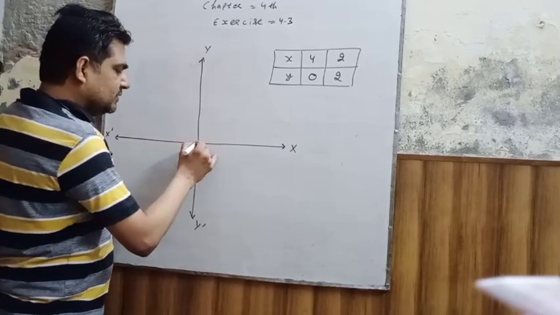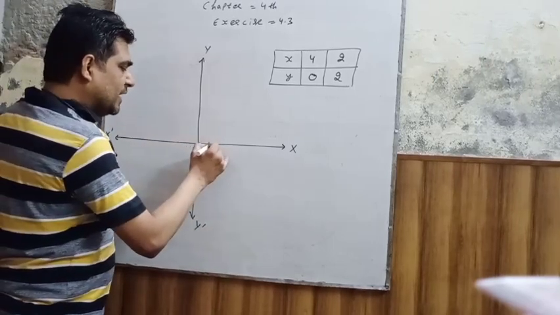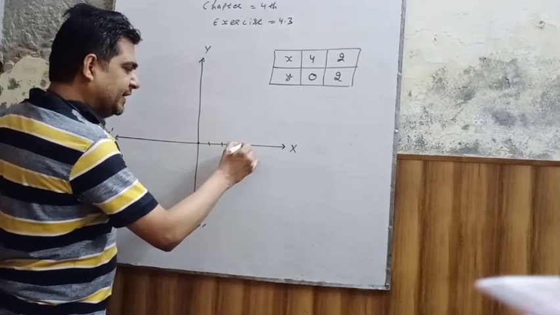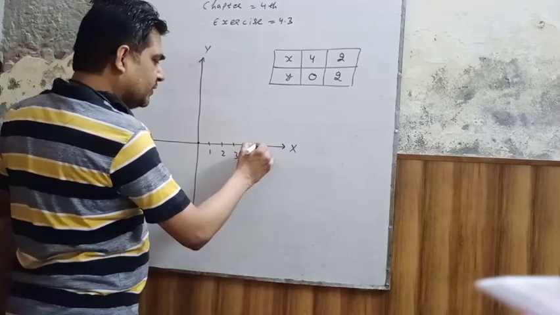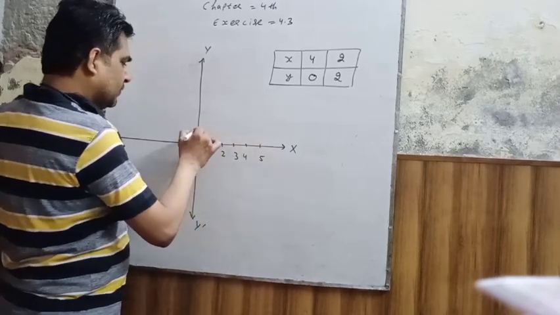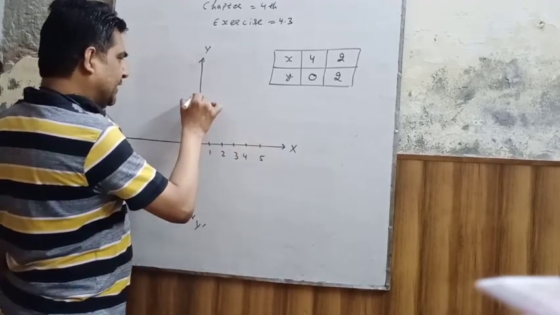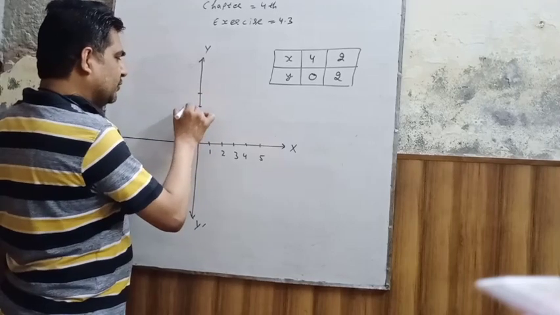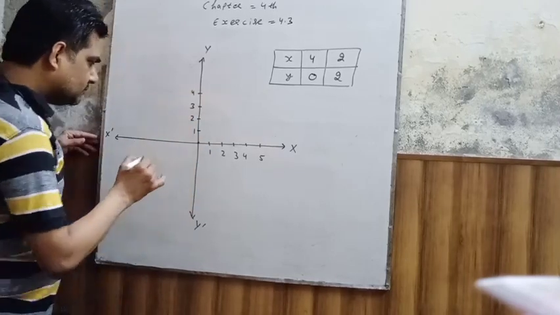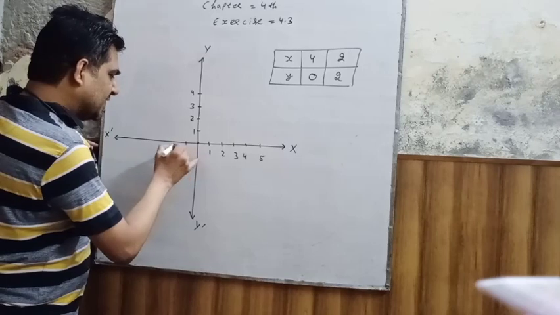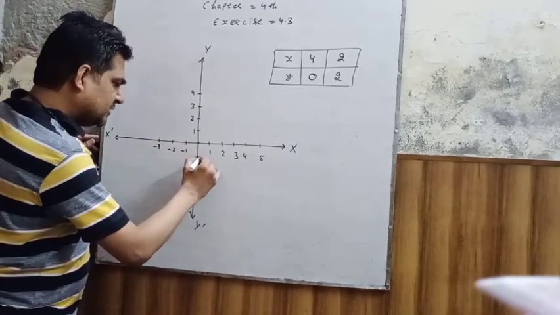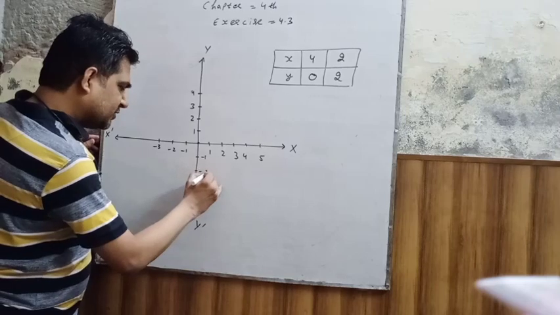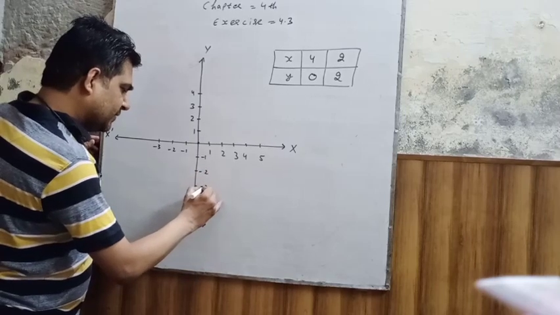This is the origin. 1 2 3 4 5 on this side, 1 2 3 4 up, and this side minus 1 minus 2 minus 3.